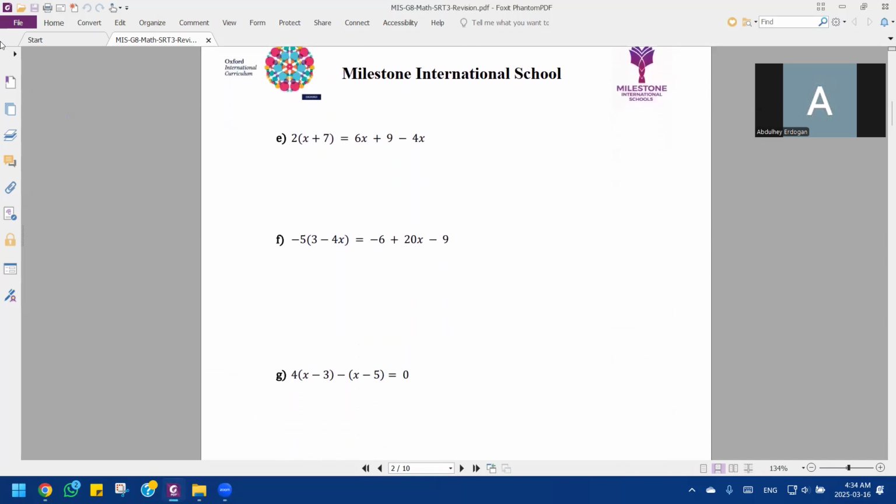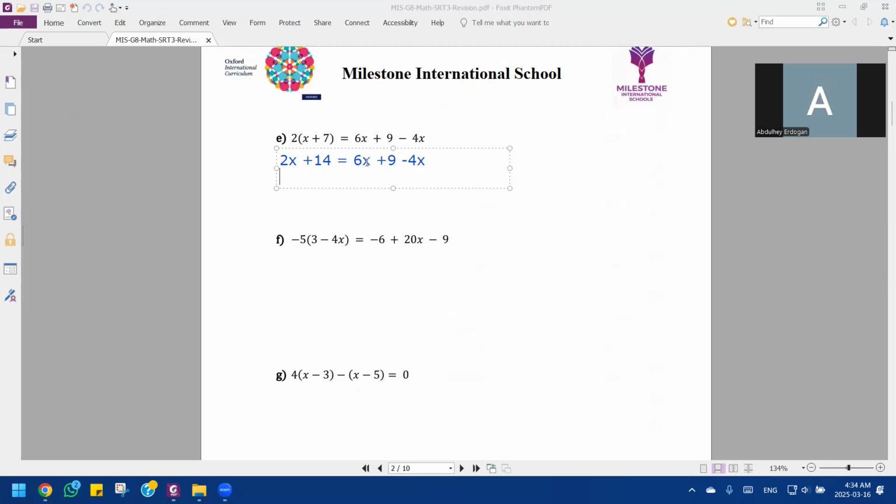Let's do E and F. Expanding 2 times x, 2x, plus 2 by 7, 14, equal to 6x plus 9 minus 4x. Okay, after expanding, as we said, variables on one side, numbers on the other side.